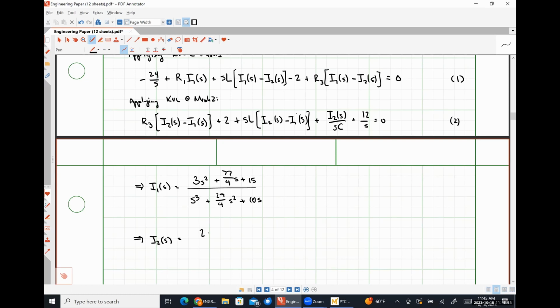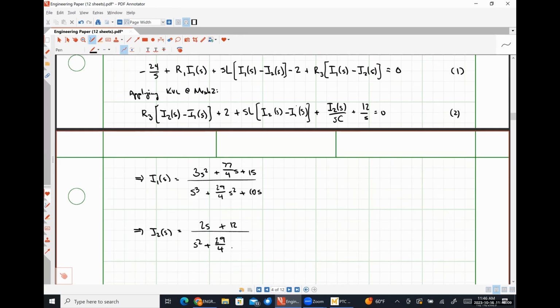I2 was 2S plus 12 divided by S squared plus 29/4 S plus 10. Let me make sure that 2 looks more 2-like.